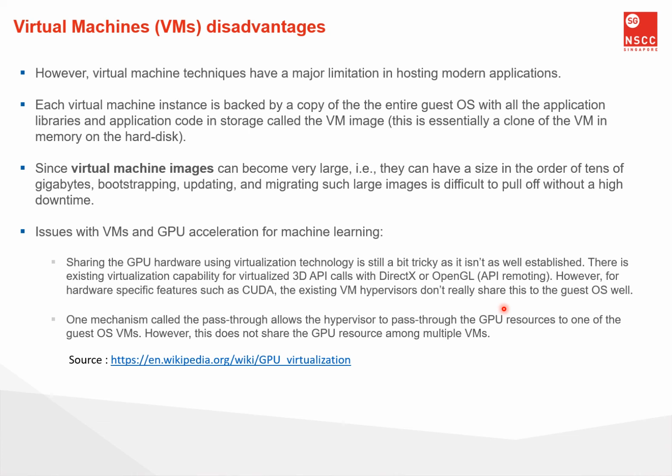So it's not a sharing mechanism; it allows one guest VM to take over the resources on the graphics processing unit, or GPU. However, this does not mean that we are sharing. It's just that at least one of the virtual machines can do accelerated training for machine learning, but the others are just going to be using the CPU resources without the GPU.